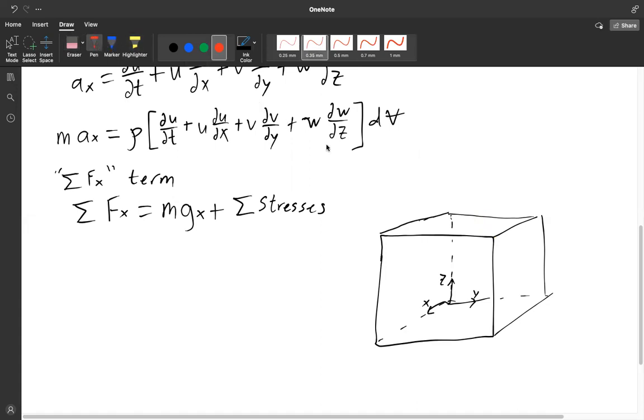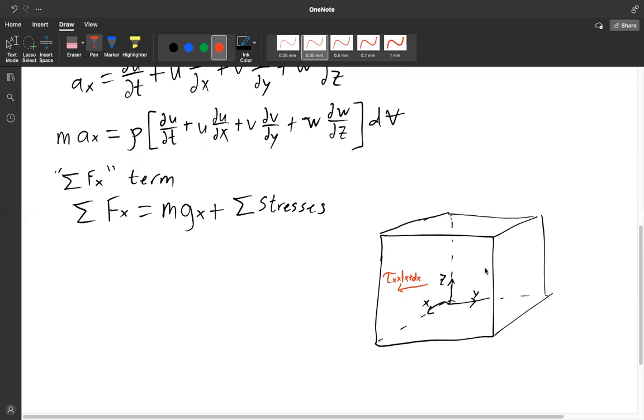Let's take a look at the x direction first. Tau xx will be tau xx evaluated at x plus dx.